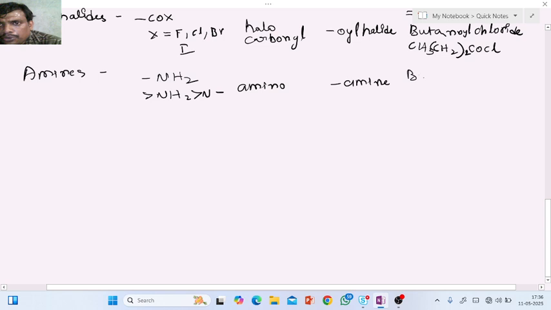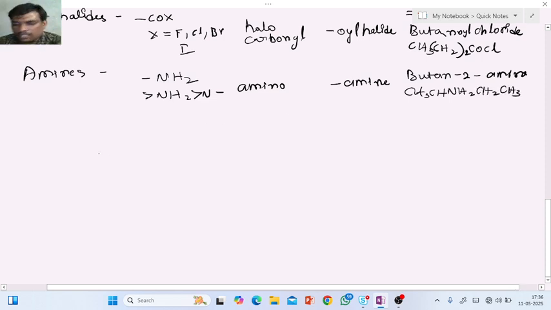Butane-1-amine is the example. So CH3 CH2 CH2 CH2 NH2 can be taken as the best example.